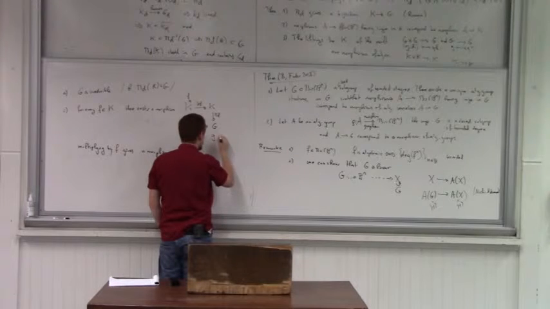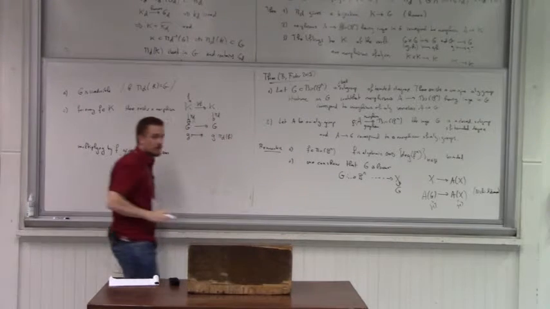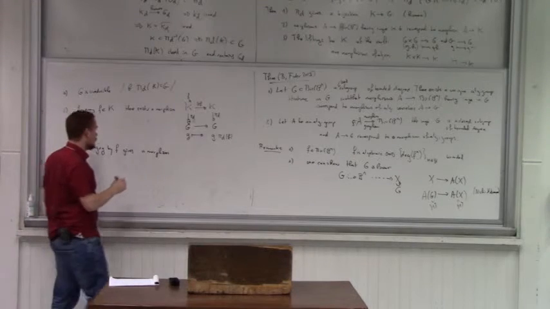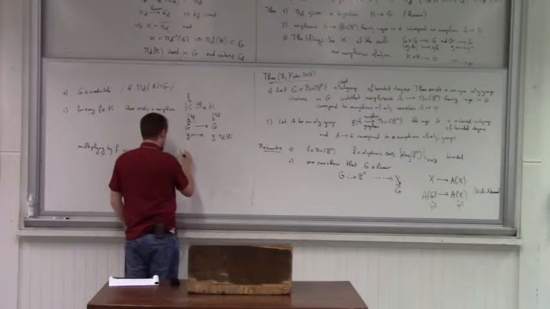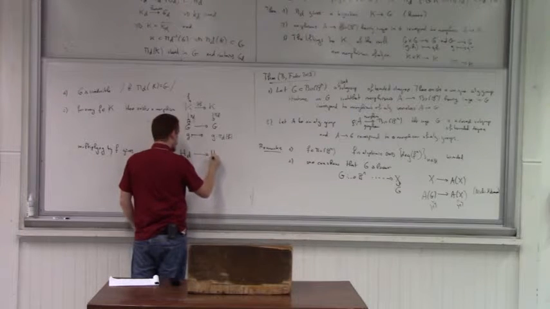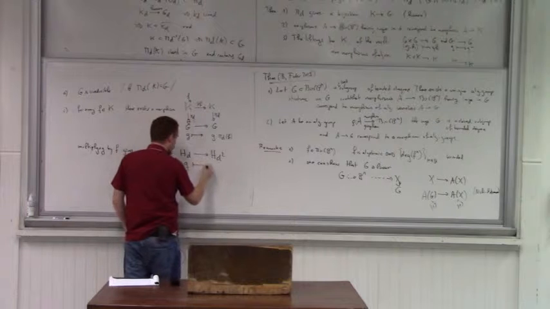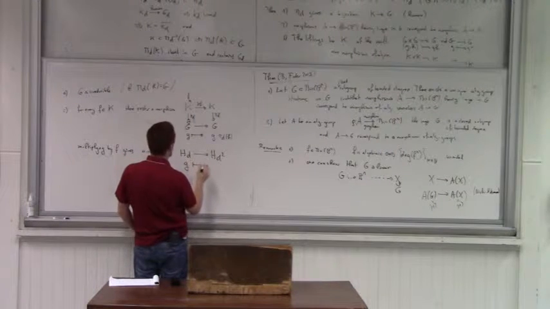So I take an element upstairs, and now I multiply by f, which gives a morphism from hd to hd square, where I take an element g and formally do the composition.